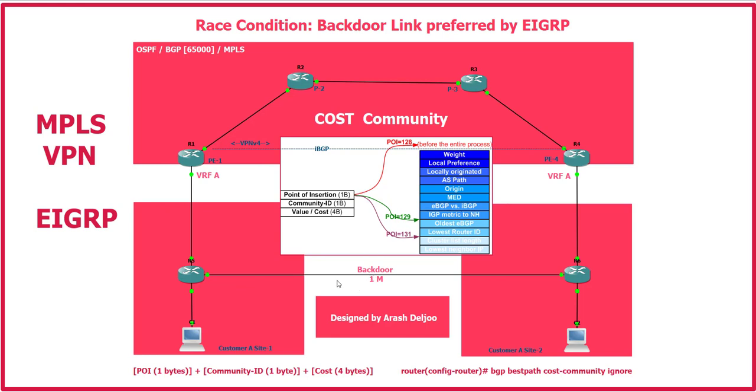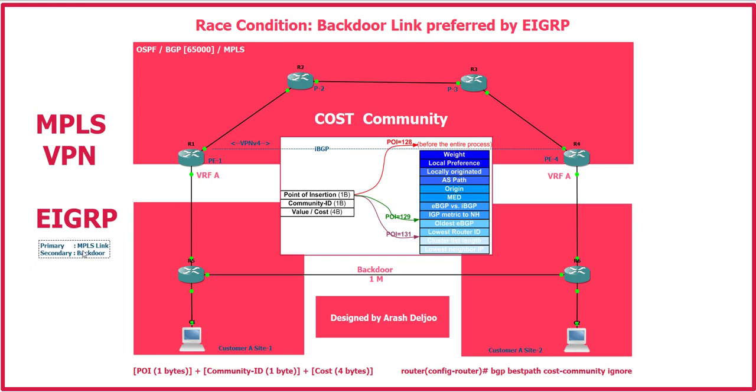If the configuration occurs correctly, in the final step we need to use the MPLS layer 3 link as the primary link, and as the secondary link we can use the backdoor link. This is the desired function that we need to reach.